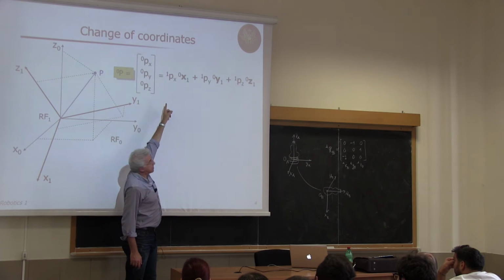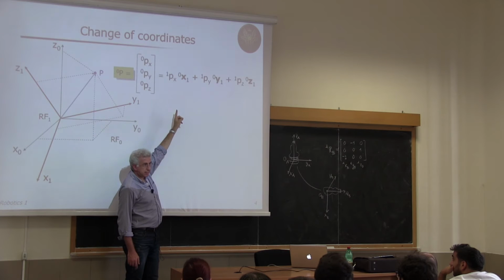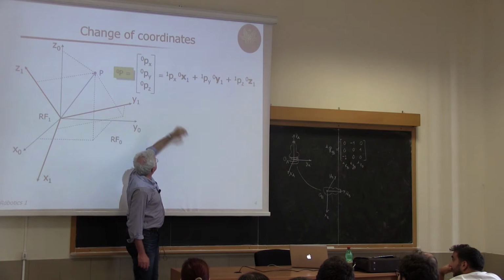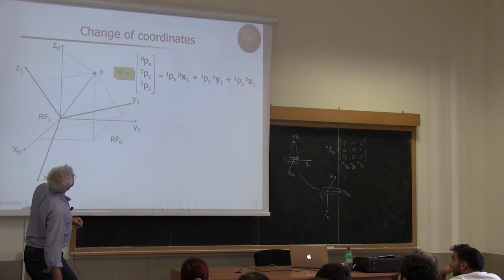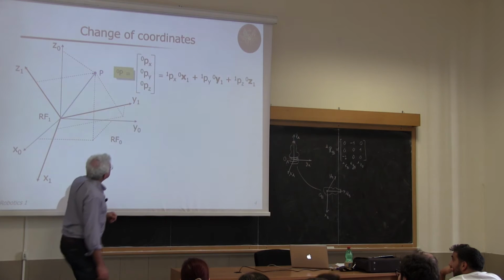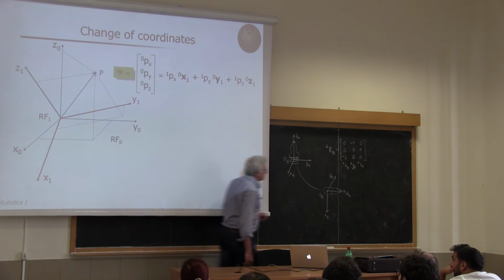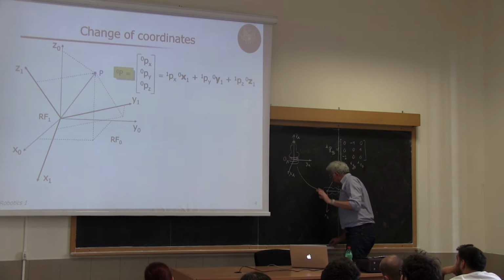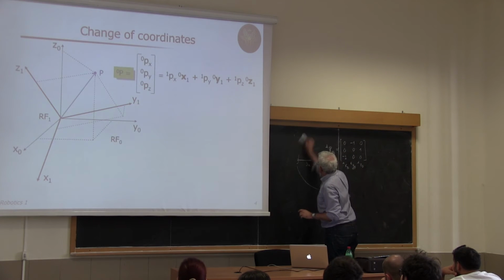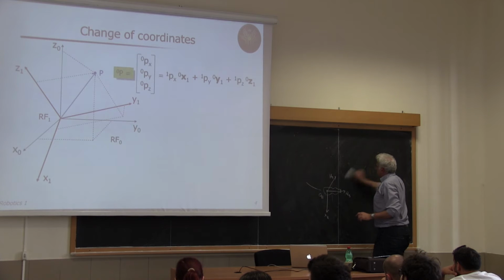I can say that the first scalar is the weight of an axis x1 expressed in... sorry, no, I'm going ahead. Okay, before doing this, there's one step in between.